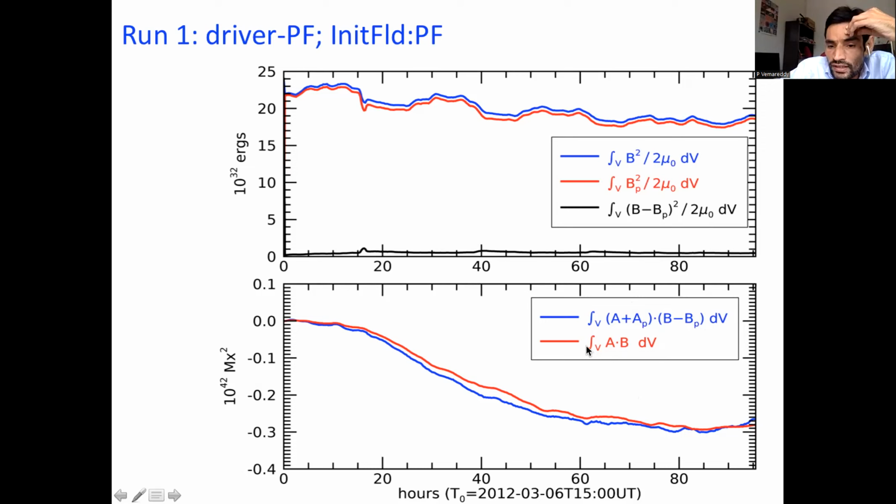That is also the same, because A dot B is not very different, as we use only the Coulomb gauge condition. Coming to energies, the free energy is approximately 1 into 10 power 32, a typical energy to power the X class and M class flares.